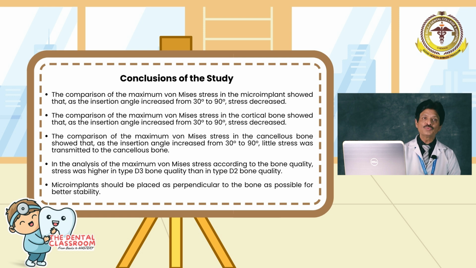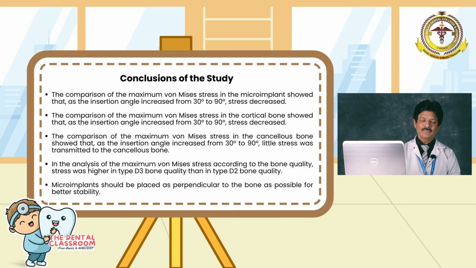And a fourth conclusion was that in the analysis of the maximum von Mises stress, according to the bone quality, stress was higher in type D3 bone quality, that is in the maxilla, than in the type D2 bone quality, that is the mandible. So we finally concluded that micro implants should be placed as perpendicular to the bone as possible for better stability.